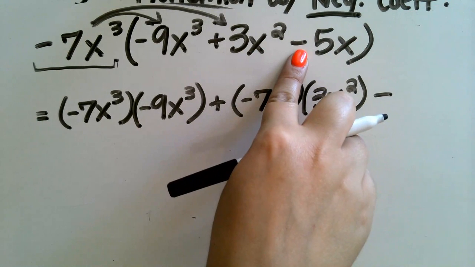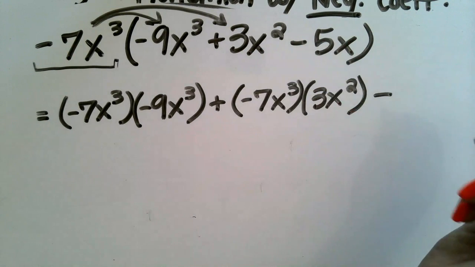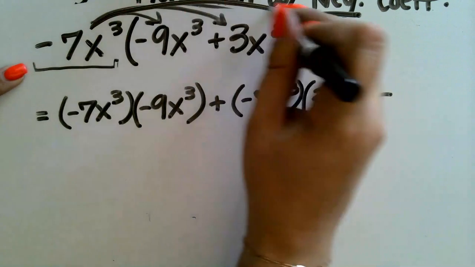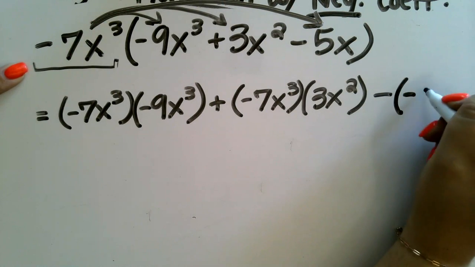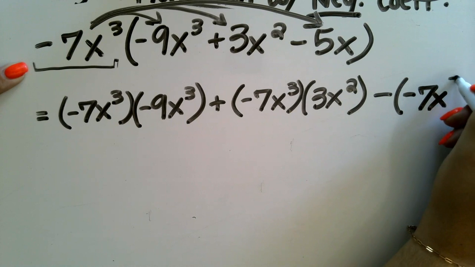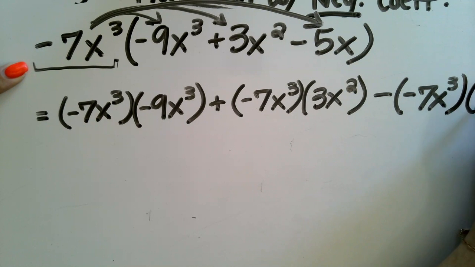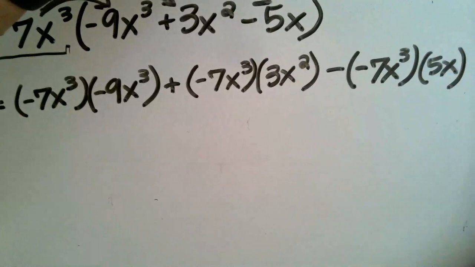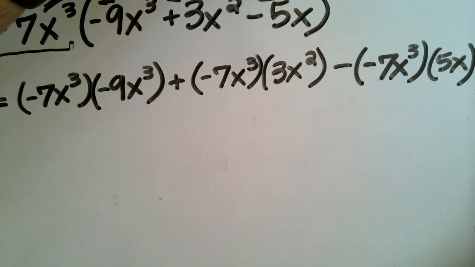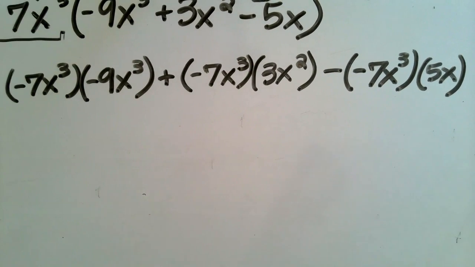Now I'm going to bring down that subtraction, minusing. We're going to multiply in negative 7x to the third times that 5x. Whew, these are getting a little long, but that's okay. Okay, let's go ahead and multiply these out.